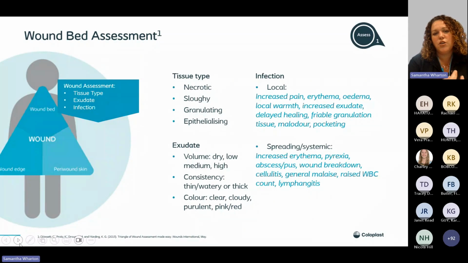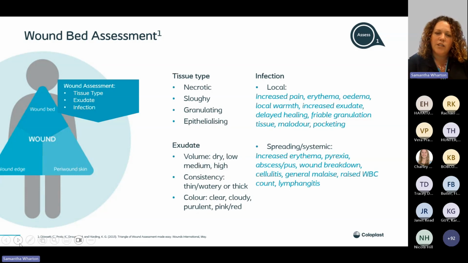Granulating, that nice pink new tissue that presents itself. It's called granulation tissue because it actually looks quite granular within the wound bed. And then you've got your epithelialization, which is that top layer of skin. It's very vulnerable and delicate when it first comes across, quite pale, but that's your epithelial cells coming across.